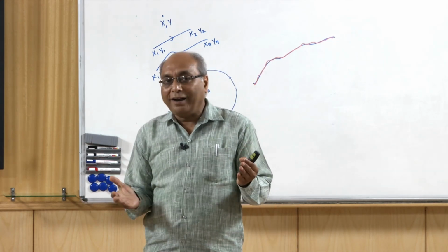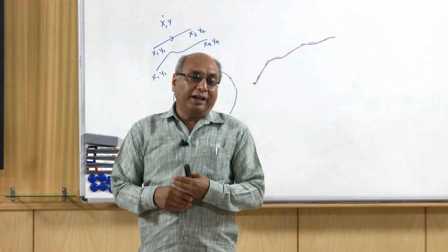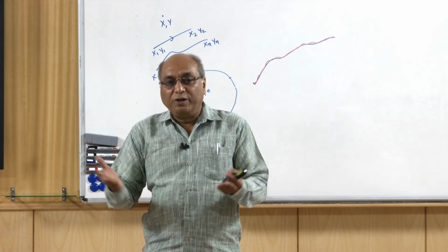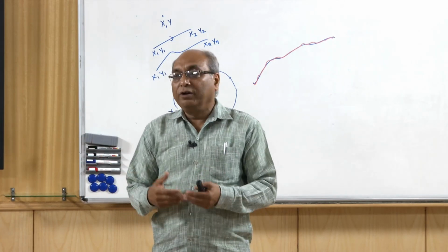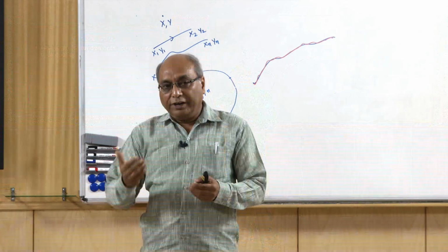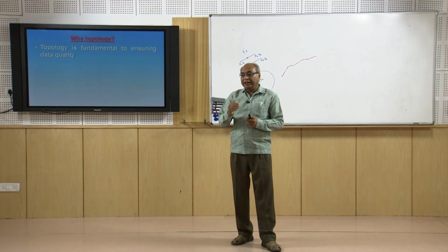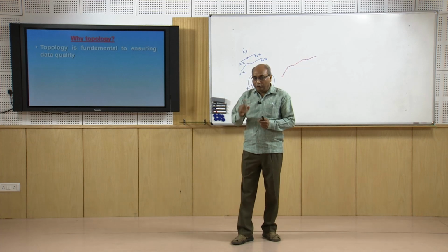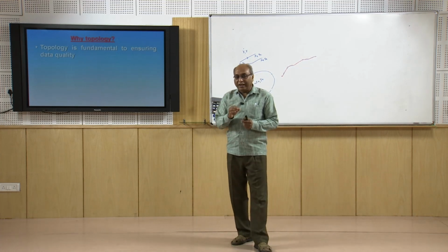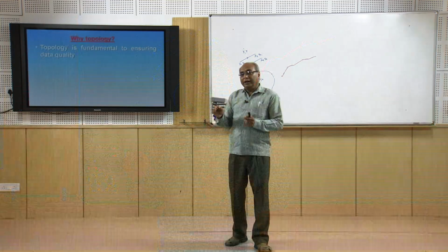And if you create an output which has, say, an accuracy of 50% correct, 50% wrong, it is a useless product. So, it is always better to check errors after each and every GIS operation, even if it is simple digitization, analog to digital.